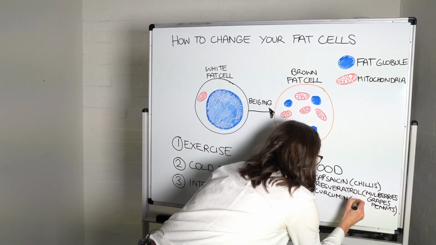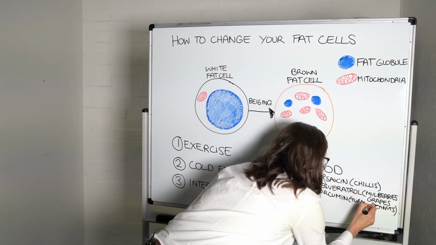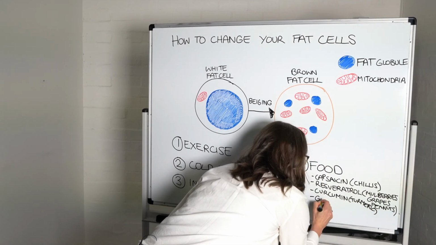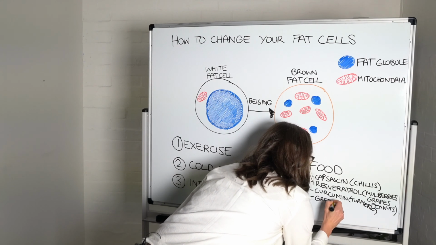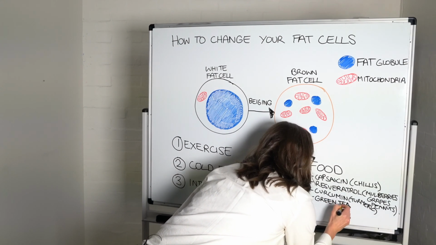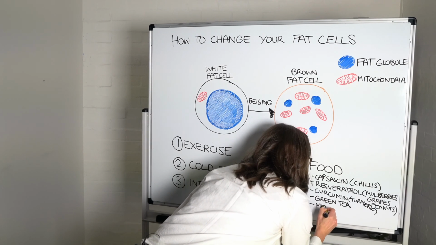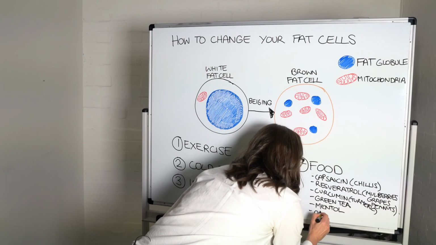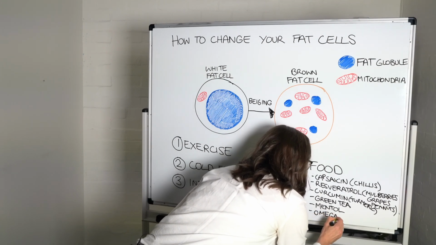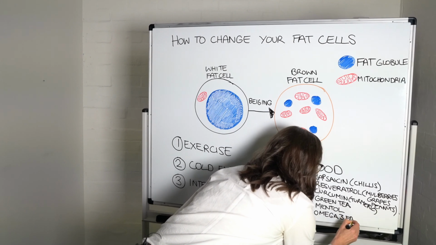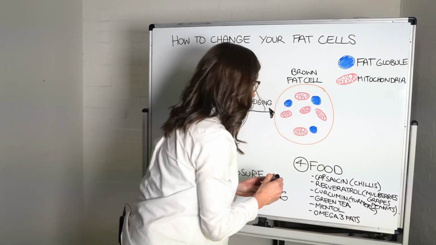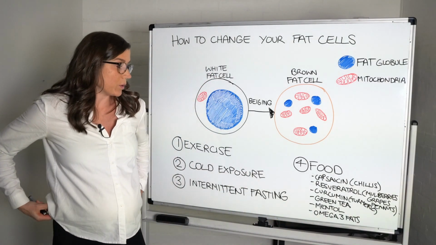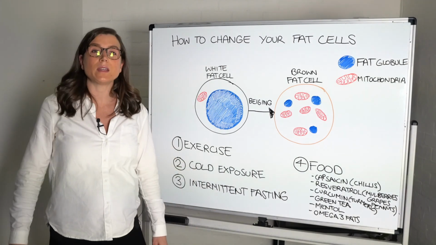curcumin, which is in turmeric. Sorry, it's getting messy now. Green tea. Menthol, which is in peppermint tea and mint, for example, and omega-3s. And omega-3s you can get from fish sources, but you can also get them from algae.